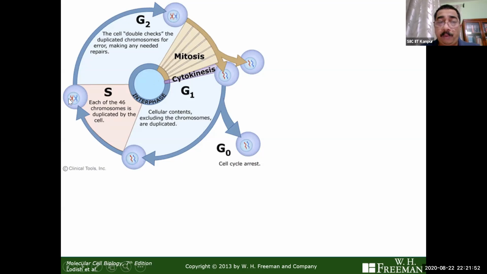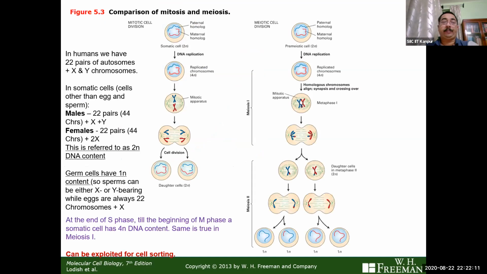So this will be more fluorescent than this. You can use this difference in fluorescence to separate the cells that have done their synthesis from the cells where it is still 2N. Here I have elaborated for you what the haploid content and diploid content are, and all of that. You look at it later.